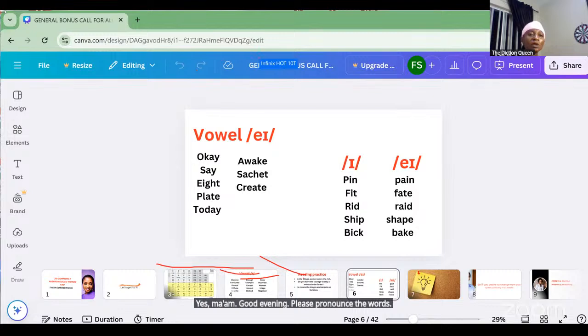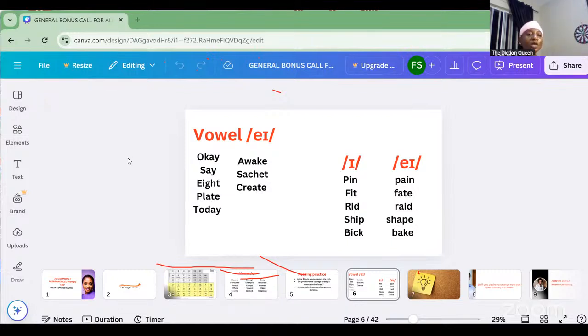Say. Eight. Plate. Today. Awake. Sachet. Create. Thank you. And let's go to contrasting these two words that I have. Remember, please mute yourself.